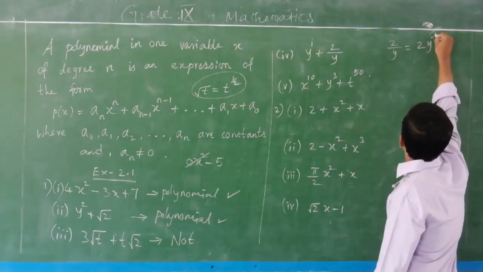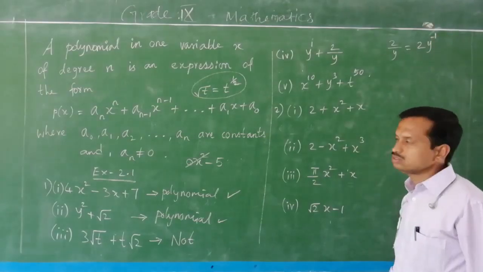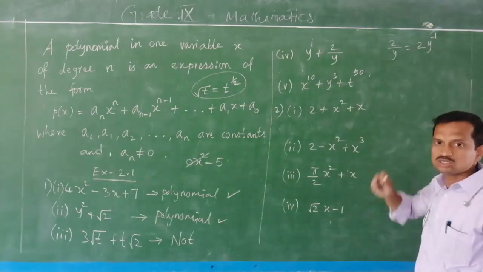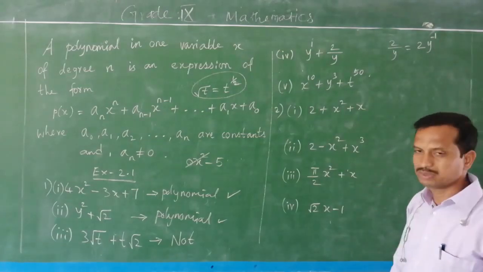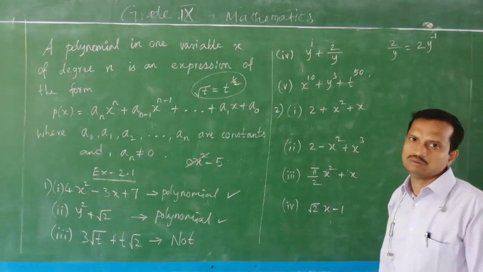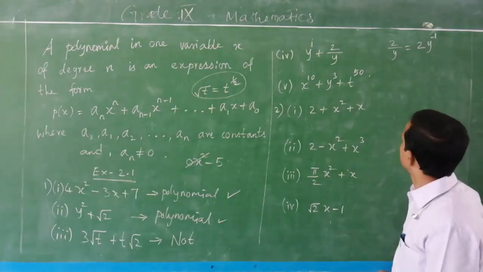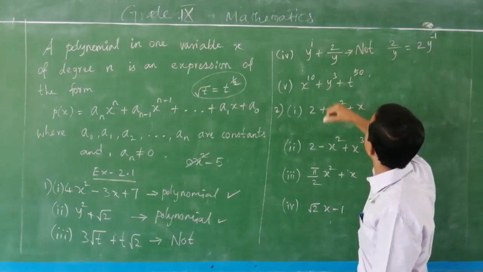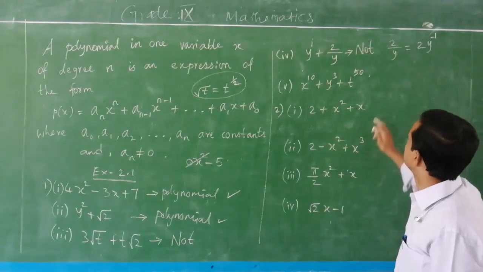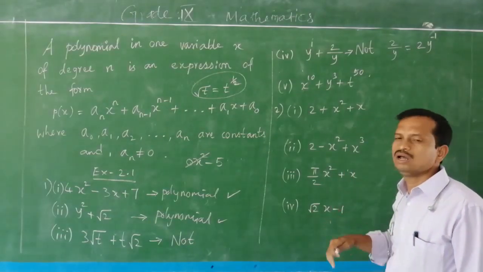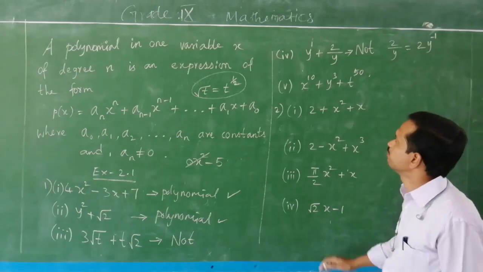You can write 2 by y in exponent form as 2 into y power minus 1. So the exponent of the variable y here is minus 1, a negative number. It is not a whole number. So it is not a polynomial. That is the reason: the exponent of the variable y is not a whole number.